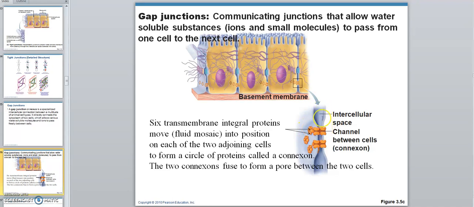And here's another cell. So that's one cell, this is another. Remember, the cell membrane is a fluid mosaic. So this iceberg of proteins, transmembrane integral proteins, would float around and form a circle all the way through. Then in the other cell, these would float around and form a circle.